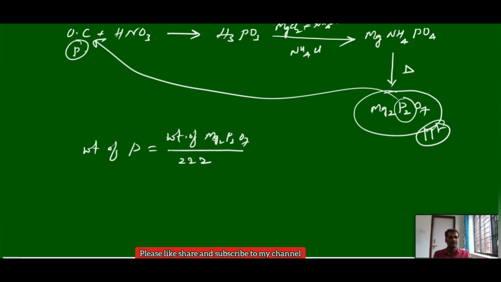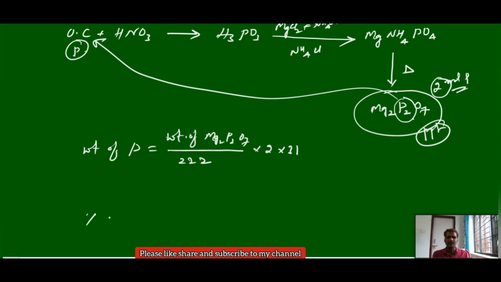And we know that each magnesium pyrophosphate has 2 phosphorus atoms, meaning 1 mole of compound contains 2 moles of phosphorus. Then for the weight of phosphorus, you multiply 1 mole of this by 2 moles of phosphorus, each phosphorus 31. So 2 into 31 is the weight of phosphorus.